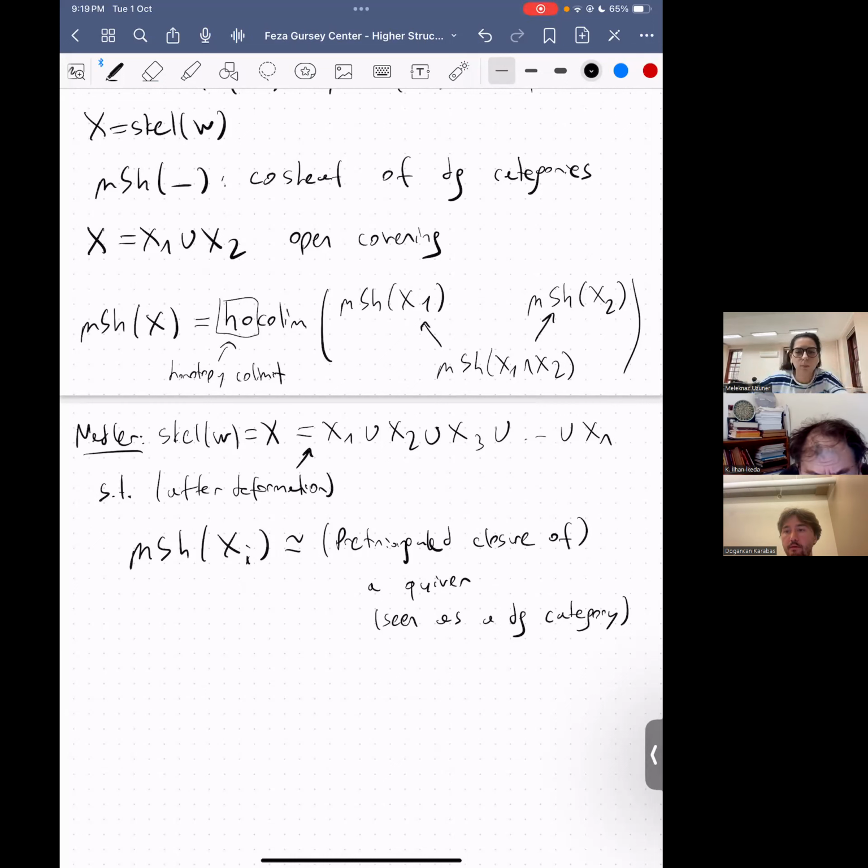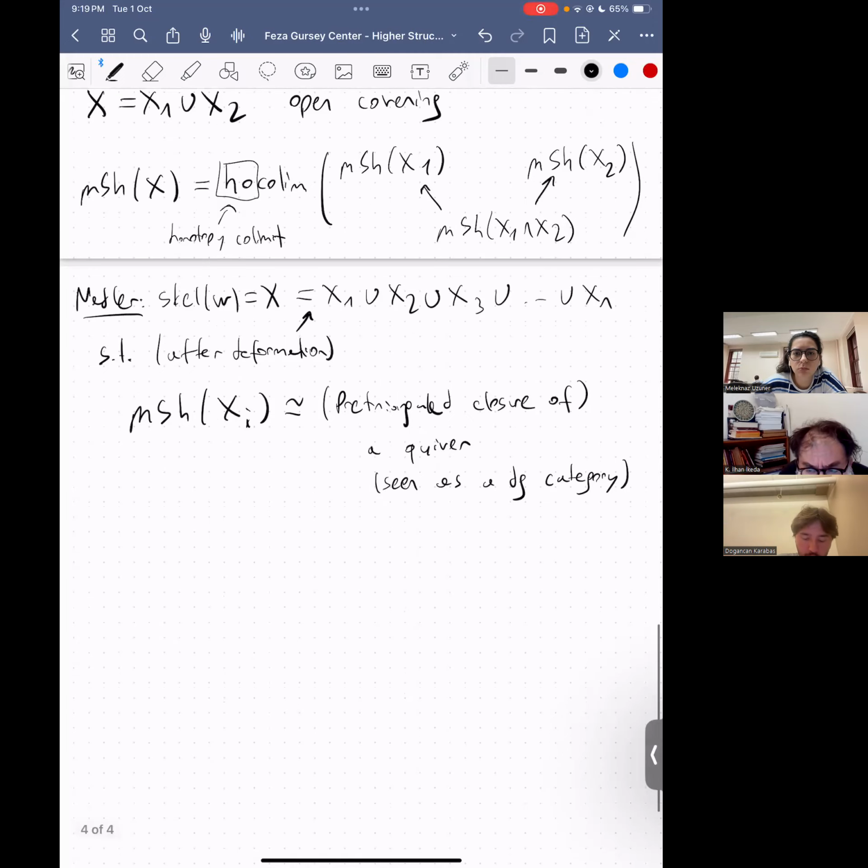So when you have some skeleton, you can decompose it into pieces such that microsheaves on each piece is just given by a quiver. For example, microsheaves on this singularity is given by the A2 quiver.